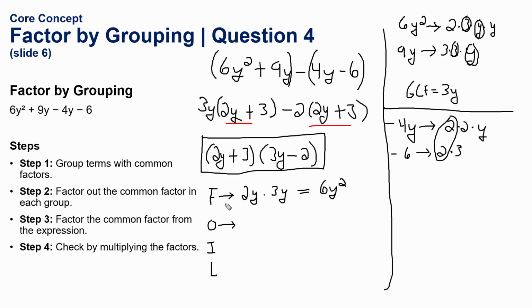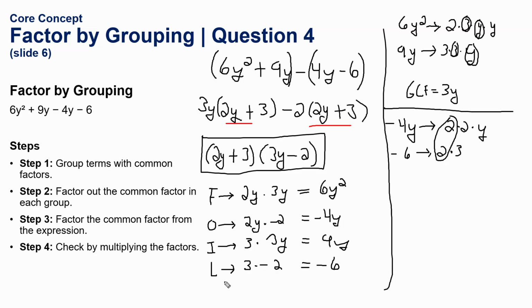The outer is 2y times negative 2, which gives us negative 4y. The inner then is 3 times 3y, which is equal to 9y. And then the last term is going to be positive 3 times negative 2, which is negative 6.